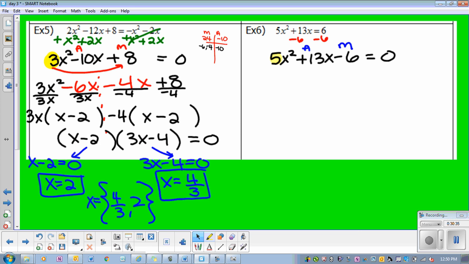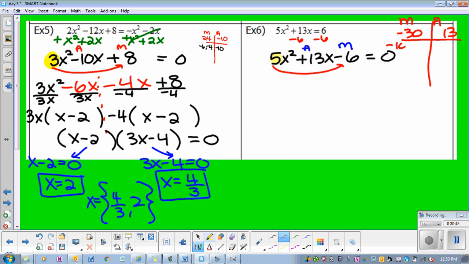Have a number in front. Swing it over. Two numbers that multiply to give me negative 30 and add to give me 13. No, that's not going to work. Shoot. Well, you know what? Let's make a list.